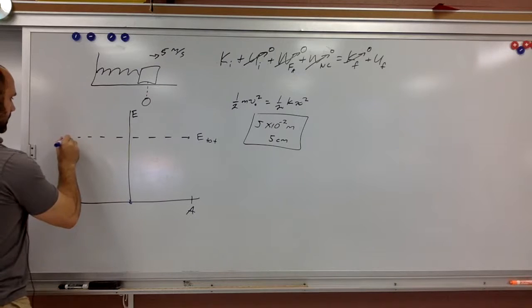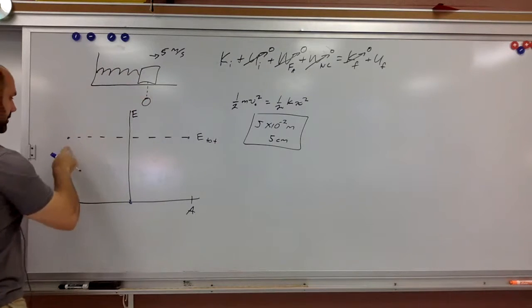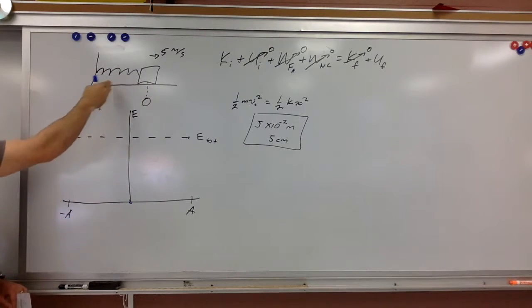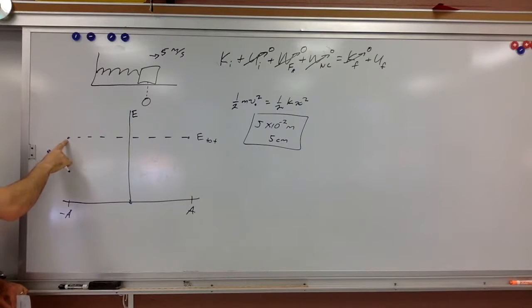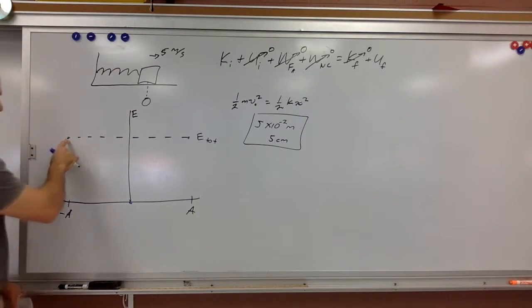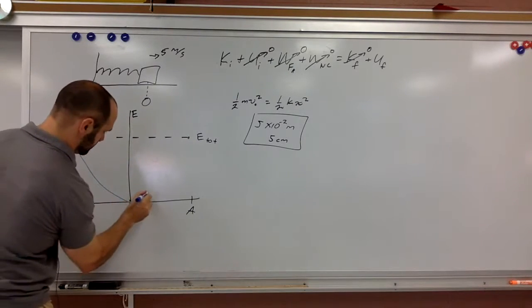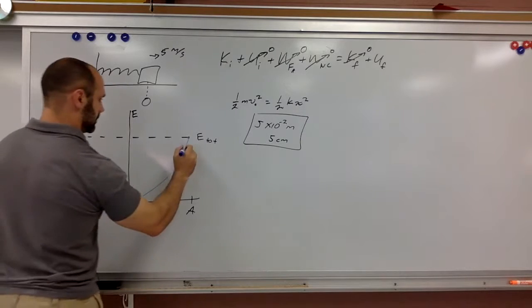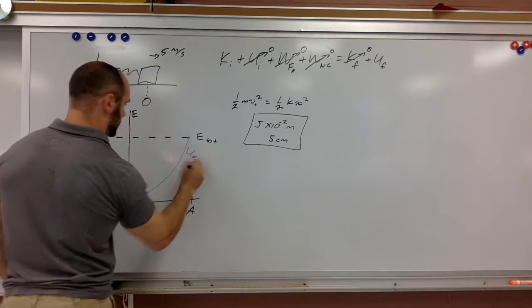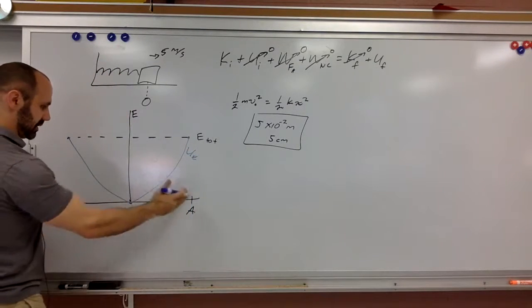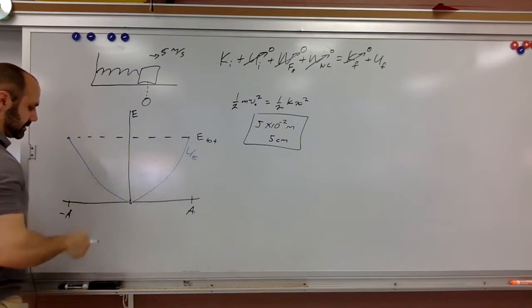And at maximum compression, when it's at that negative amplitude, all of the energy is again in the form of elastic potential energy. So elastic potential energy versus displacement looks like this.